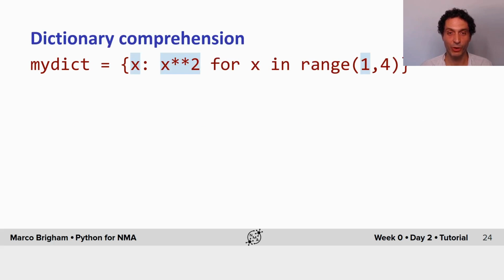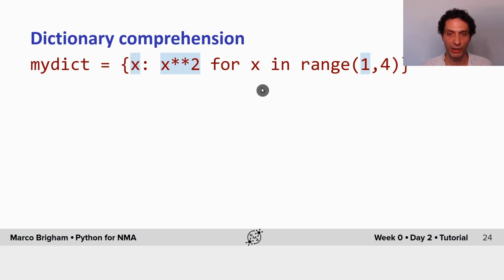We can also do comprehensions with dictionaries. Similarly to list comprehensions, we start with curly braces. We have our for loop. So here our variable x will start at 1 and go up to 3. So 1, 2, 3, because the end value, as we saw in the previous lecture, is never reached.